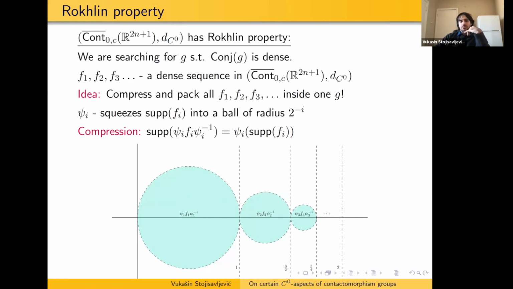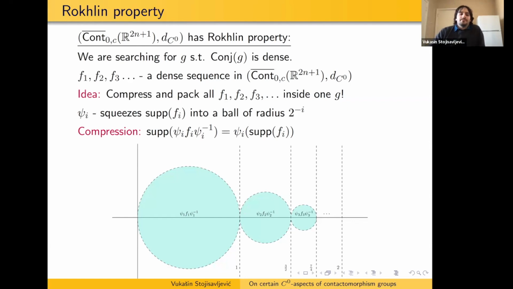This picture is representing just one element g. This is not a sequence of elements, this is one element g in the limit. You can see that this C0 converges because the balls are getting smaller and smaller, and it's also compactly supported because it's supported in the ball of radius 1.